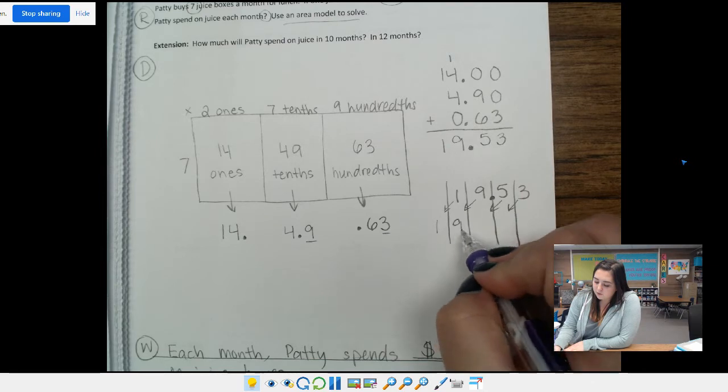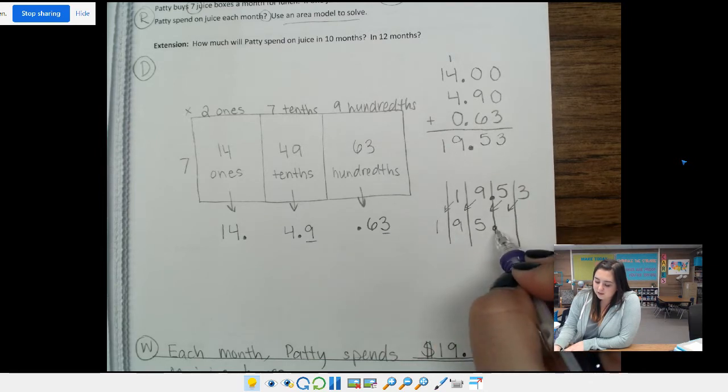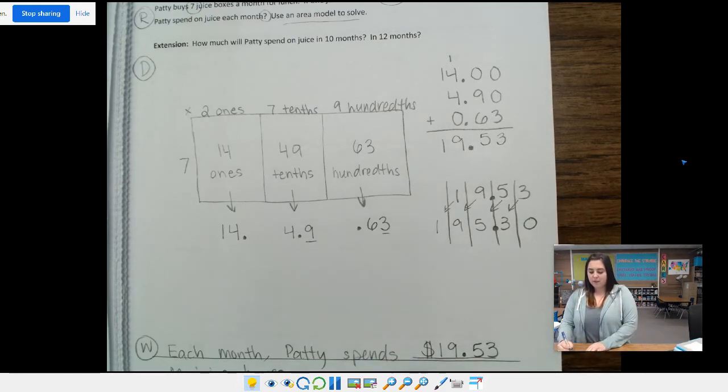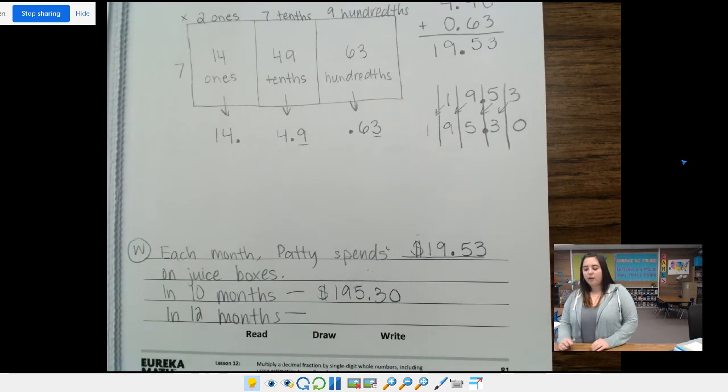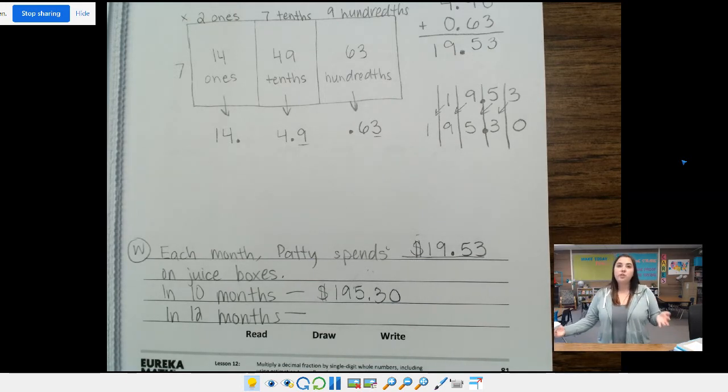So I now have $195.30. That should be our answer for 10 months worth of juice. Man, juice is expensive. Okay, oops, you couldn't see that, I'm sorry. $195.30.